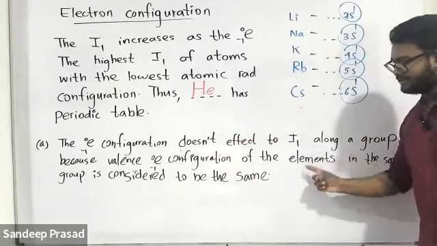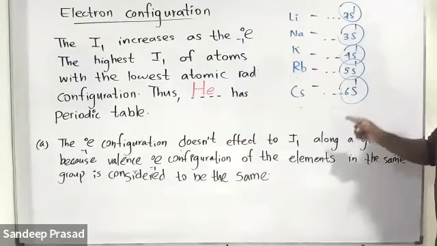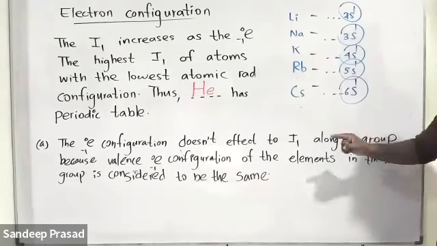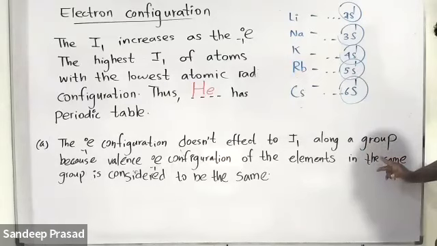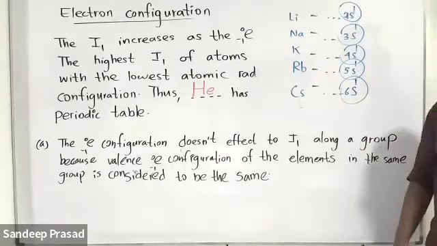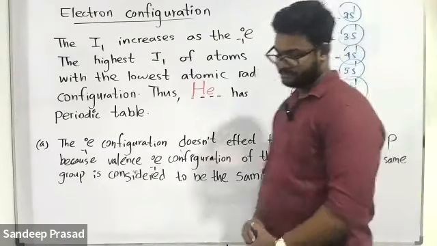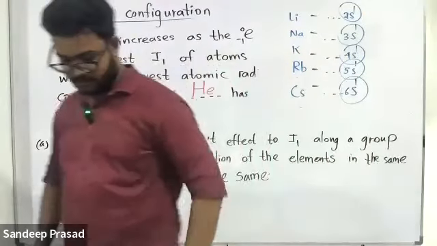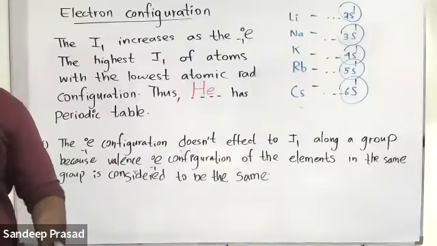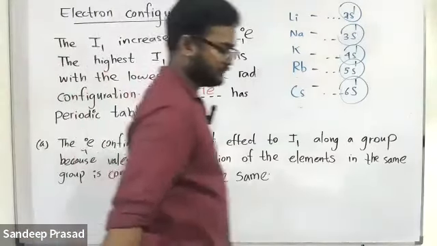So that's what is meant by this statement: the electron configuration does not affect the first ionization energy along a group because the valence electron configuration of the elements in the same group is considered to be the same. Try to understand. Very easy. Okay, quickly complete that one.